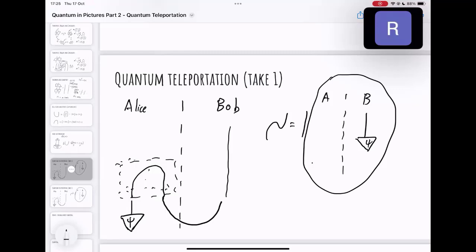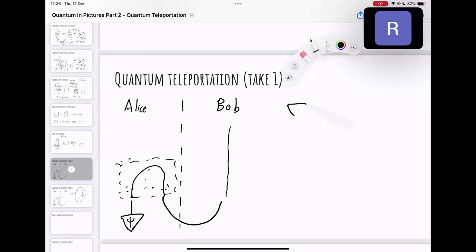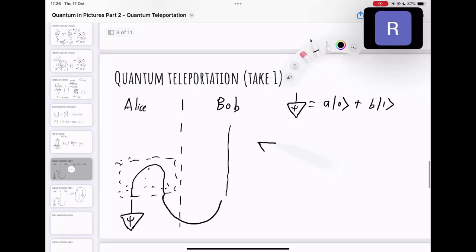But let's look at it again. Let's make this a 1-qubit example. Let's say the state that Alice wishes to teleport is of this form. If I look at this whole diagram, the quantum state tensor product with the cup side by side, then in terms of bracket notation, it's going to look something like this.